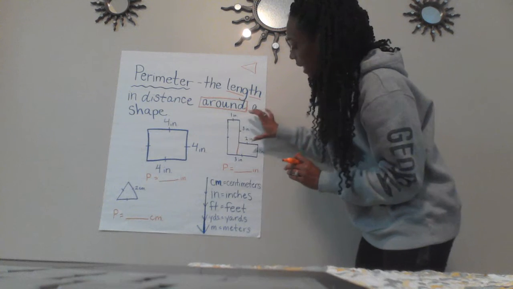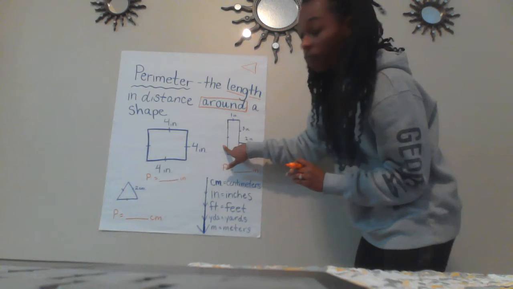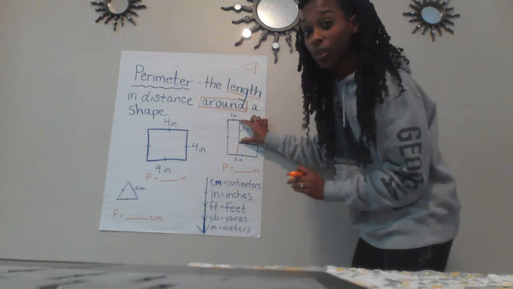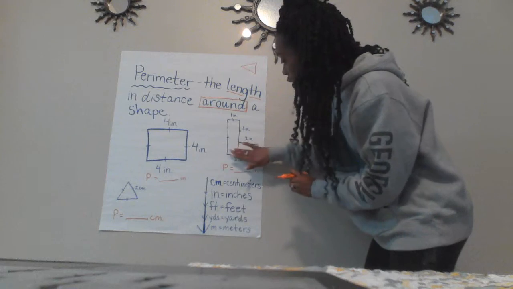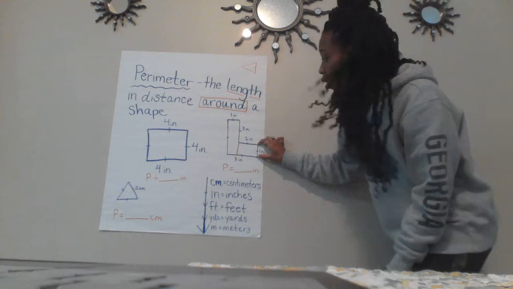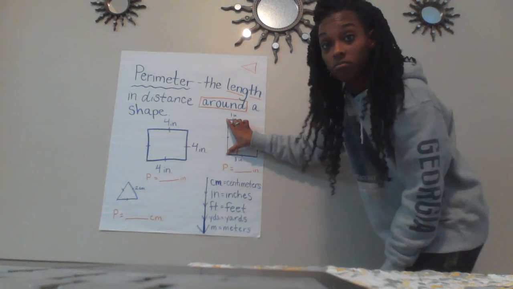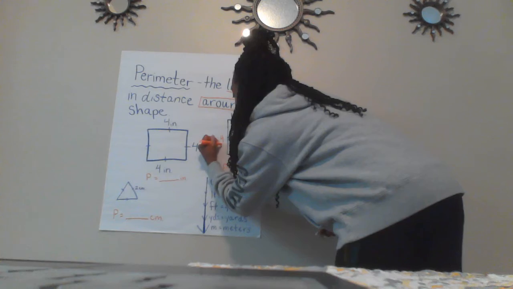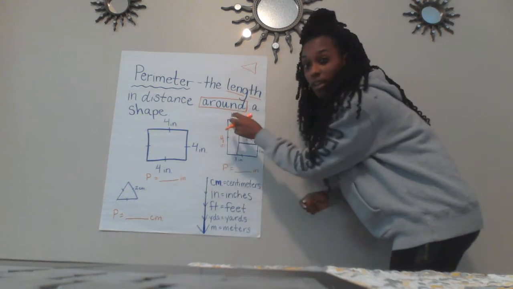Now, when you look at this side right here, because you're trying to figure out the side value right here, you already know that there's 3 inches on this side. Now right here, that is 1 inch. So when you add the 3 inches and the 1 inch, you get 4. So that is the missing value on this side. Does that make any sense? It's kind of like you're breaking it up into squares.